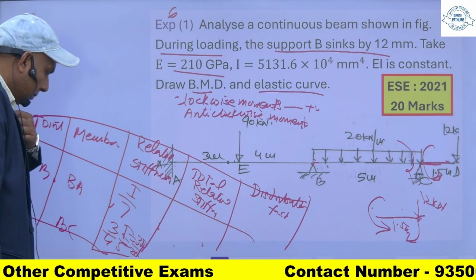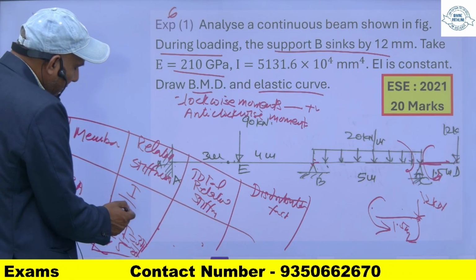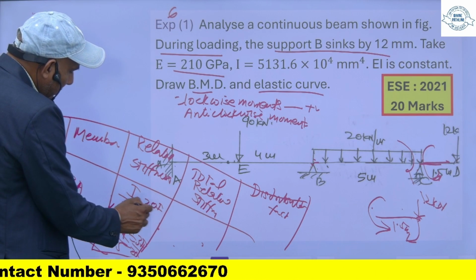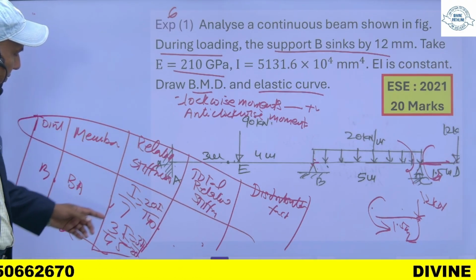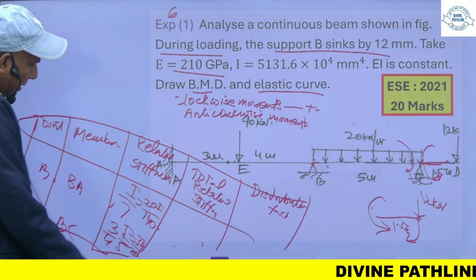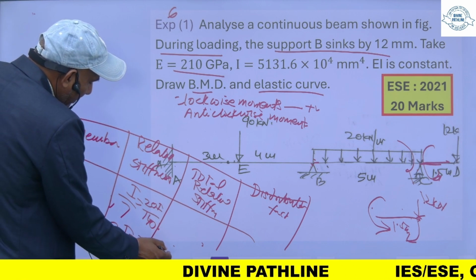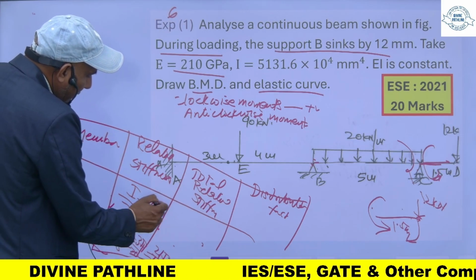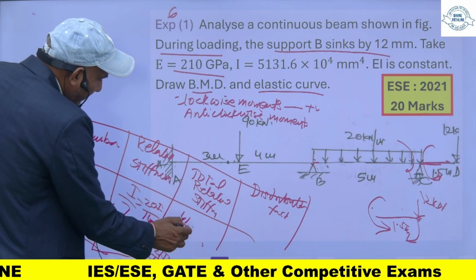If you multiply this by 20, you will get 20I upon 140. Multiplying the other by 7, you will get 21I upon 140. If you add both, you will get 41 upon 140I.